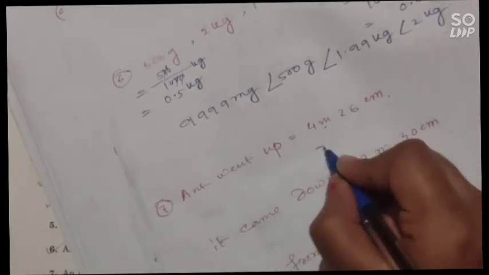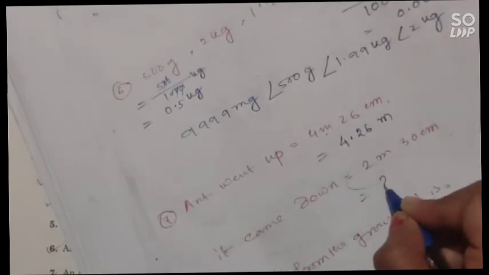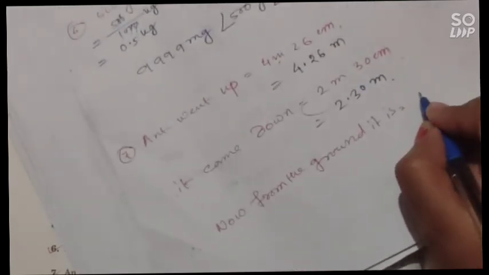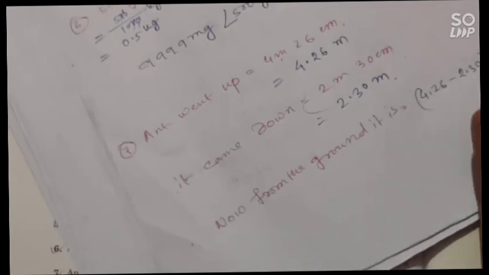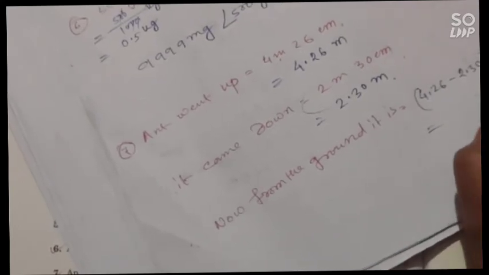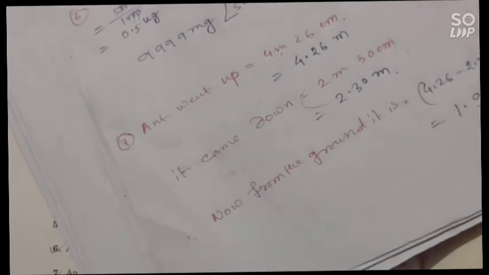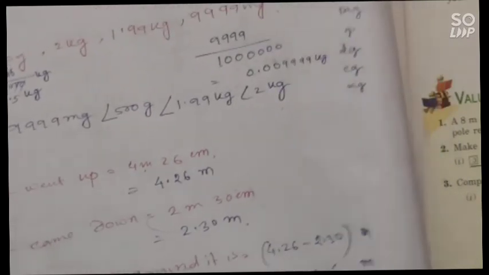So 4 meter 26 centimeter is 4.26 meter and this will be 2.30 meter. Now you have to subtract, 4.26 minus 2.30. This will be 1.96 meter. Now it was from the ground 1.96 meter high.